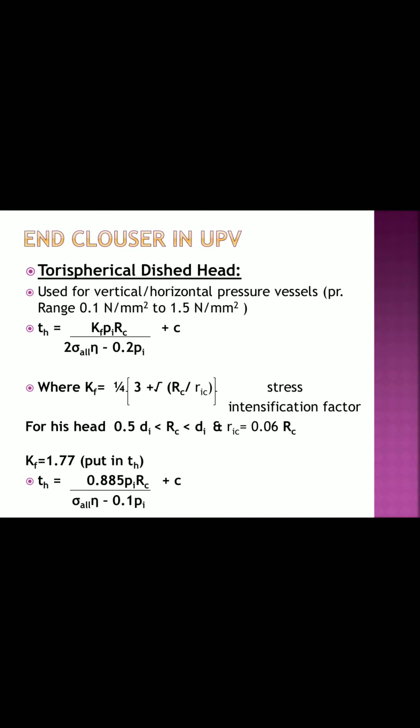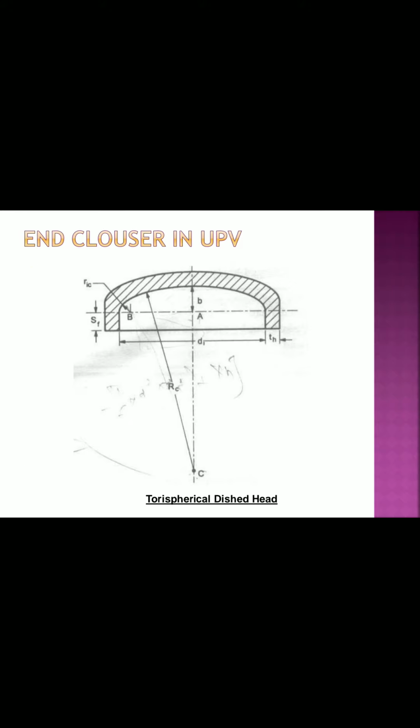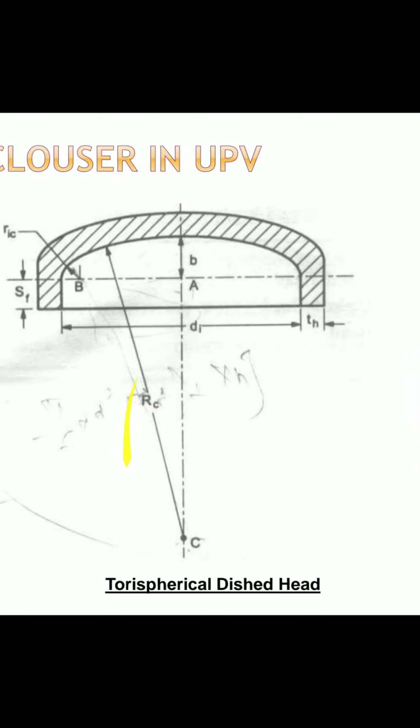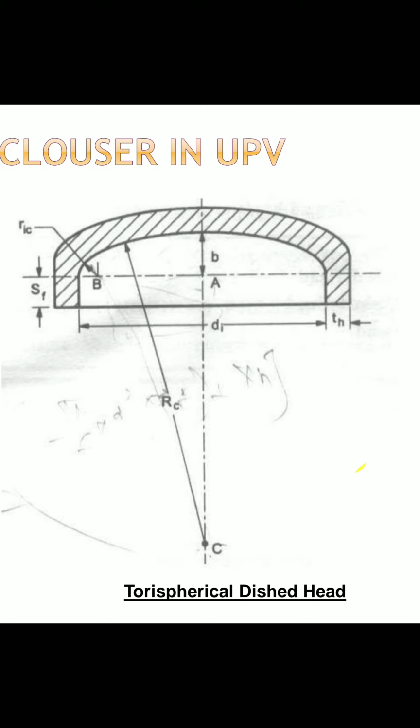The next type is toruspherical dish head. You can see the figure here. For the toruspherical dish head, you can see the various parameters. RC is the corner radius, RIC the internal corner radius, SF the straight flange length, TH the thickness of head, then B is the width which is measured from the horizontal axis.